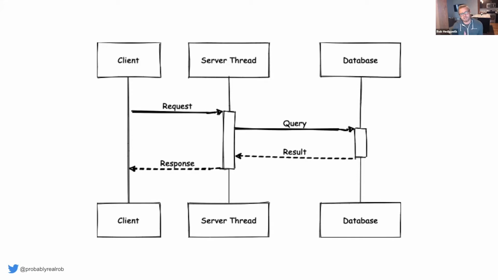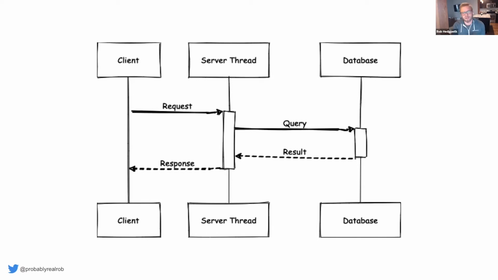We can take a very simple relationship between a client and a server. It doesn't matter whether you're using a microservice, a macro service, or a monolith of some sort. Essentially, the relationship is the same, where a client makes a request for something to the server thread. Now, the server thread could be any number of threads, which we'll get into, but think of it now in the context of just one.